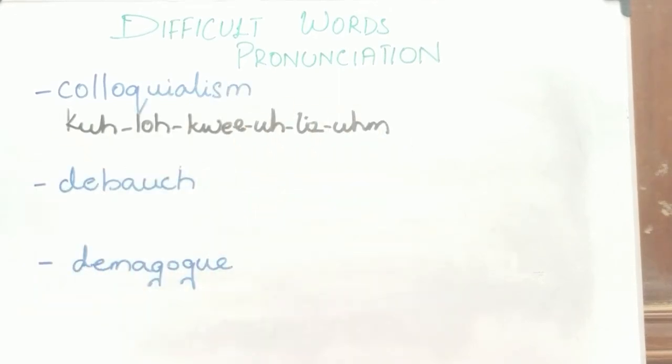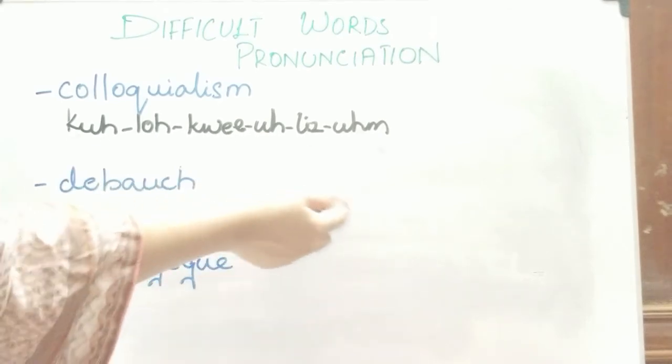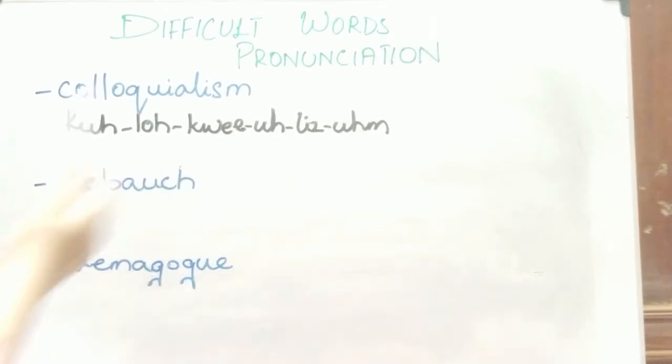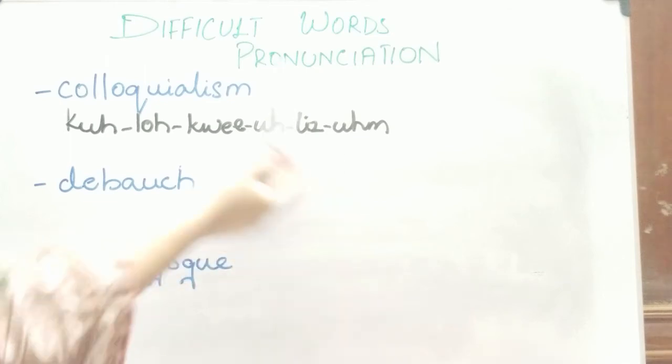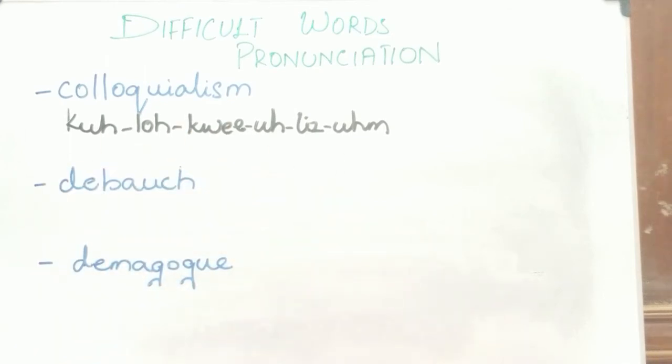I'm breaking the word over here so that it's easier to spell. Pronounce it once again. Colloquialism. You put the stress over here, on the last syllables. Now, I've already given you the meaning for this. That is an expression that is generally used in conversation.